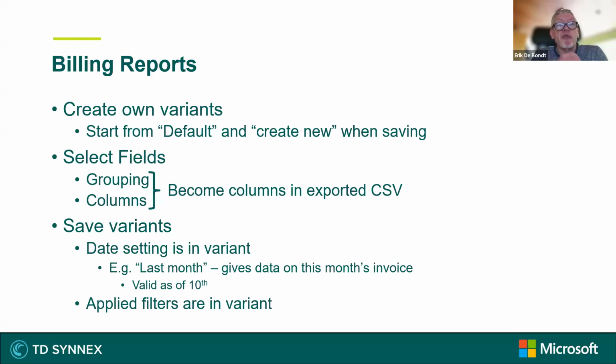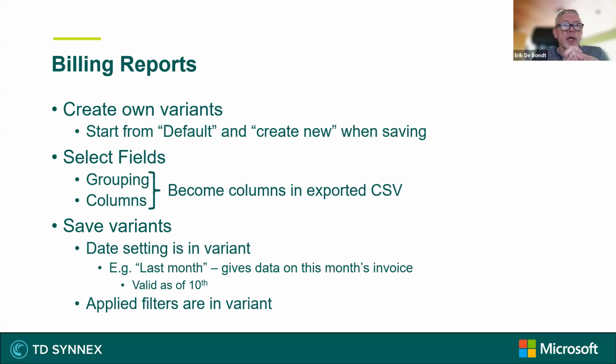If you put a fixed date, for instance, 15th of January to 15th of March, it will always be 15th of January to 15th of March. So depending on how you put the date, you get, let's say, an adaptive filtering or a fixed filtering. If you put it on last month, this will also give you the data as it is on your invoice.